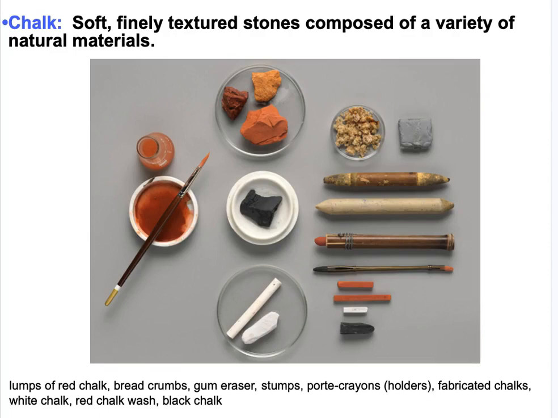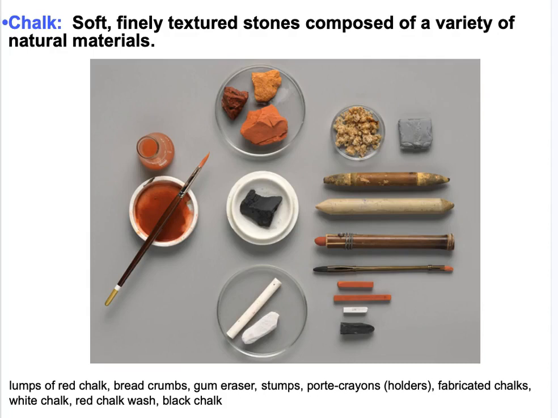Chalk is a very naturally occurring material, and it's what you know, chalk, from school, where somebody writes on a chalkboard with chalk. It's a very simple medium, very natural medium, but used very skillfully to create fine works of art, and has been used for hundreds and hundreds of years.